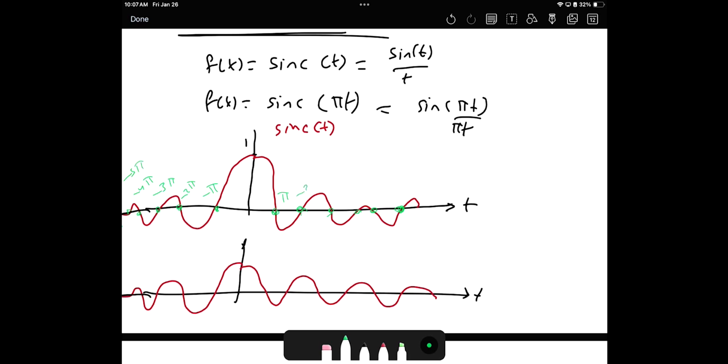While here is positive pi, 2 pi, 3 pi, 4 pi, 5 pi, 6 pi, etc. So the zero crossings happen when sinc of t equals 0. In other words, when sine of t equals 0, and this will be at t equals plus or minus n pi, and n can be 0, 1, 2, 3, and so on. That's how we find the zero crossing for the sinc.